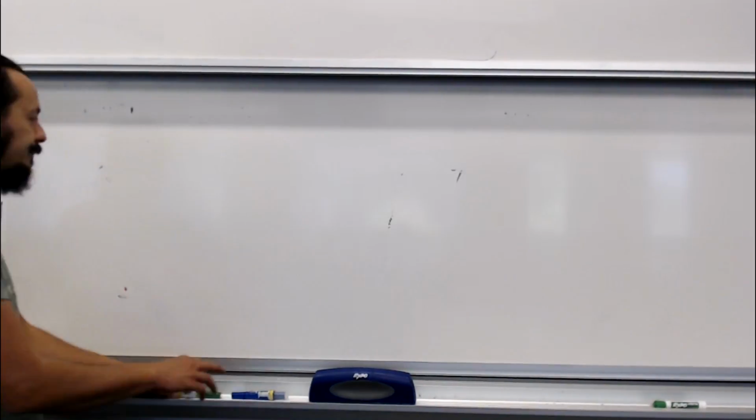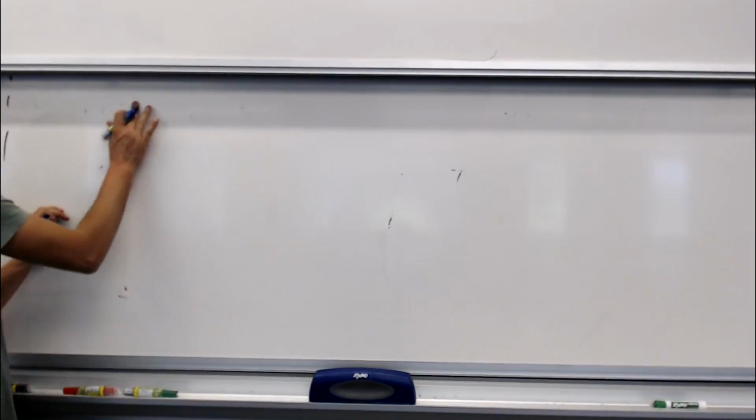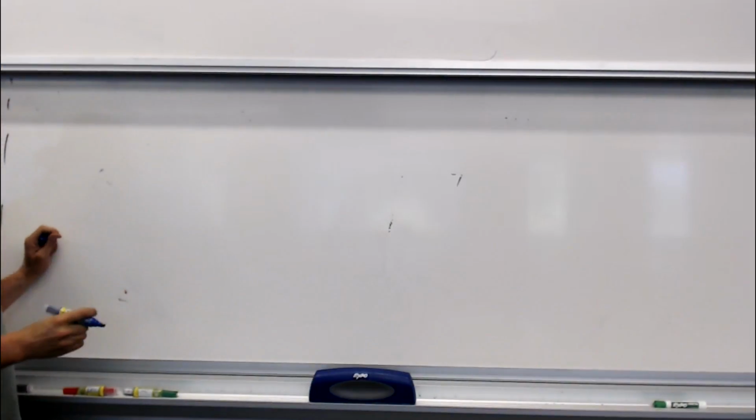First thing we do is calculate the Ksp value from the given solubility in grams per 100 milliliters. Part B is we write down the reaction of the solubility by considering the calcium oxalate anion.